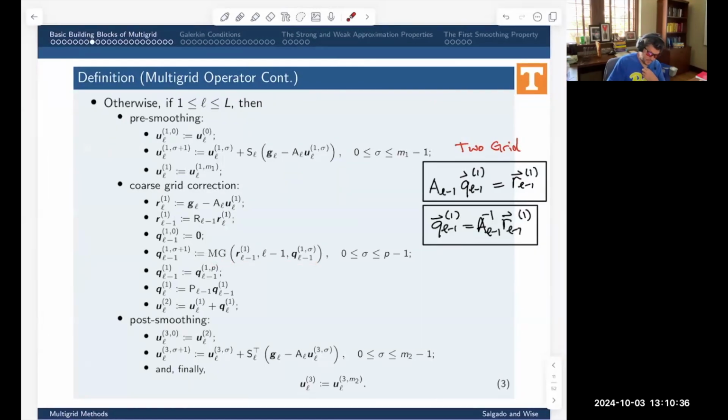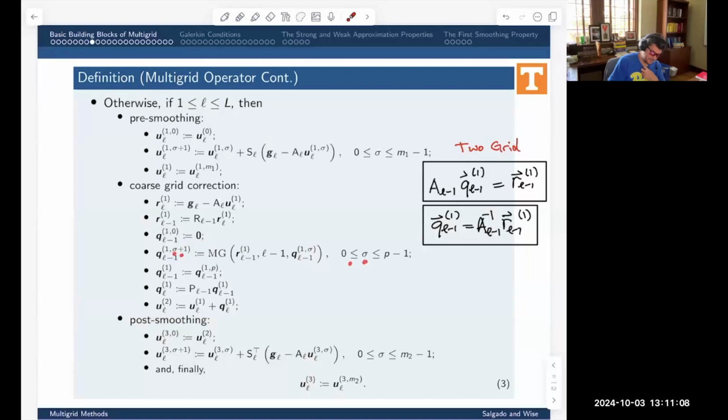So we're going to apply it with this as the right-hand side. That's because we're trying to solve this problem, and that is the right-hand side. And we're applying it on level L minus 1, with an initial guess that we're putting here. Initially we come in with sigma equals 0, and that's that guy. So we put the initial there, and then we're going to spit something out by doing one application of multigrid, and that gives us sigma plus 1.